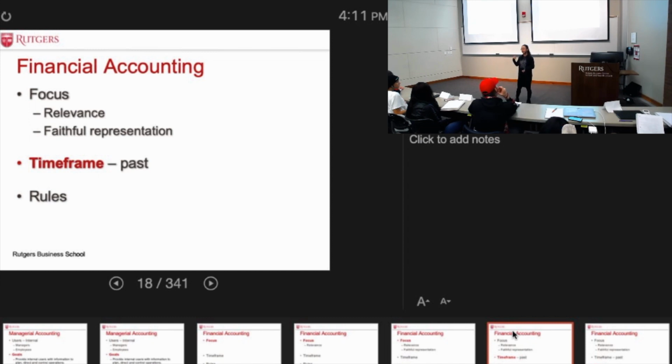For example, if we read the financial reports of Apple of last year, it is a summary of the performance of Apple in that year, right? So the financial reporting is focusing on the past performance of the firm, right? So the time frame for financial reporting is in the past.